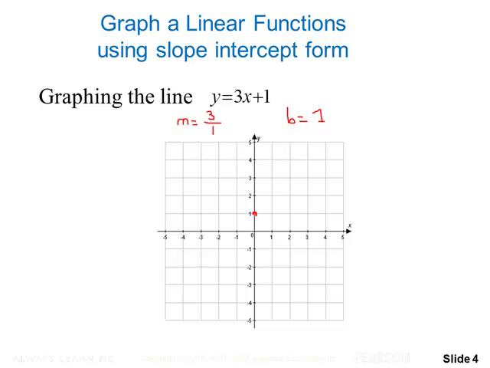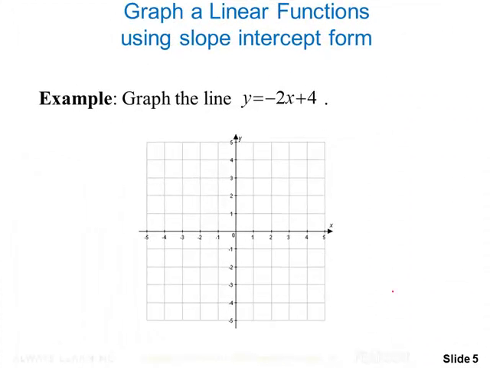So from the y-intercept, I'll plot the slope. Our rise is 3 and our run is 1. So from the y-intercept, I'll rise 3, 1, 2, 3, and I'll run 1 place to the right, and I'll plot my point. Now that I have the 2 points, my last step is to connect the line.